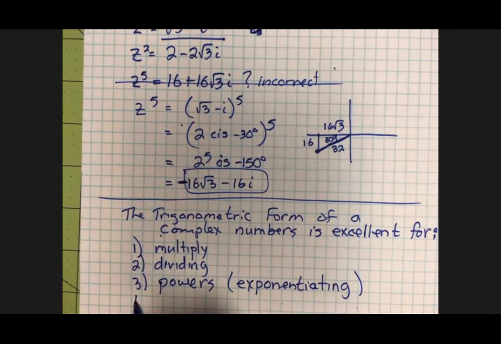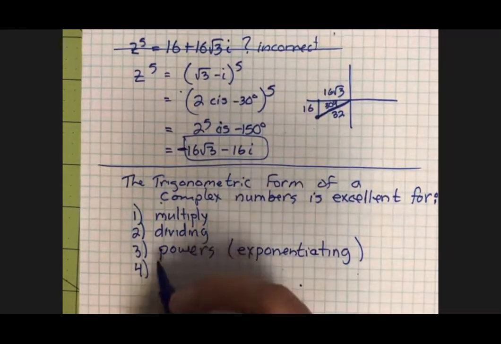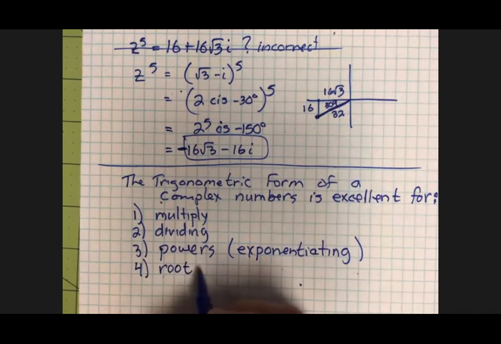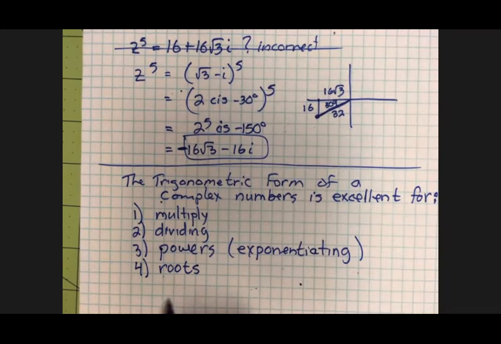But remember, roots are also powers too. So you can also take the square root or the cube root or the 5th root or the 10th root of a complex number easily in trigonometric form.